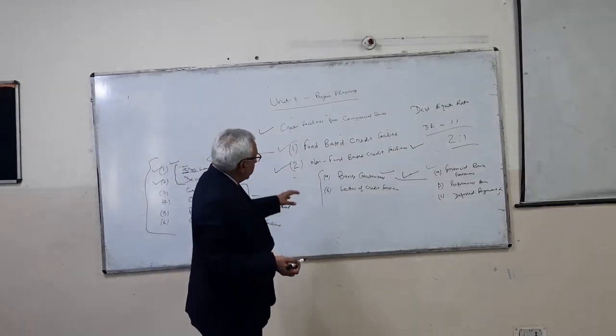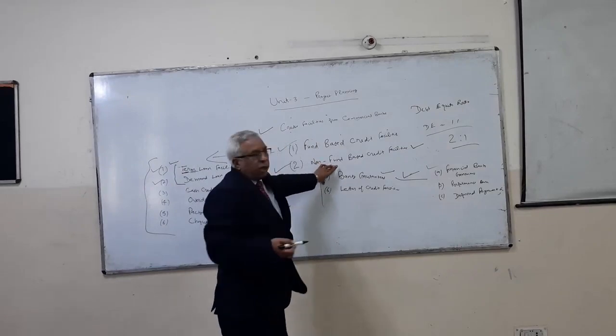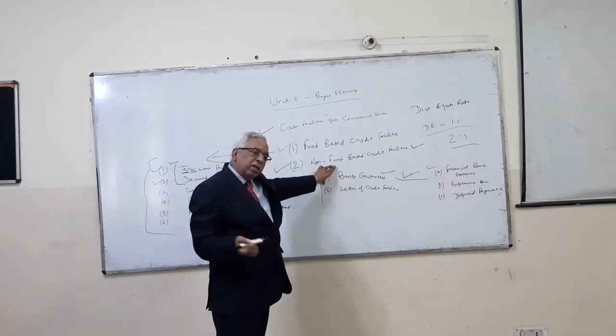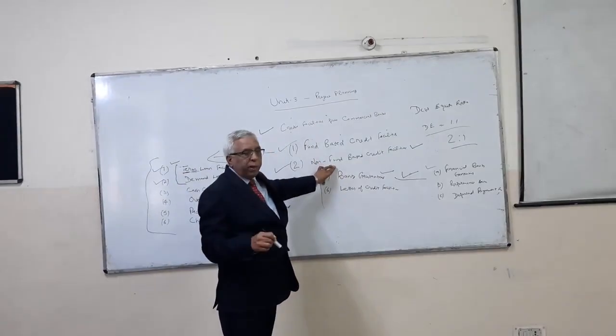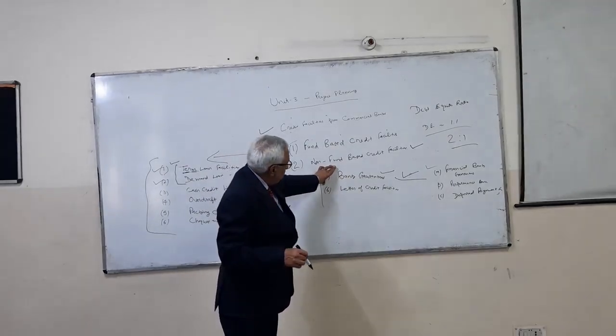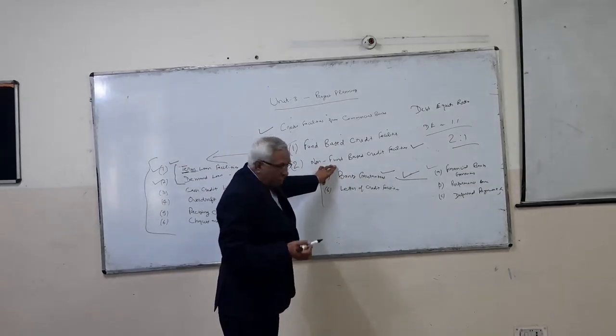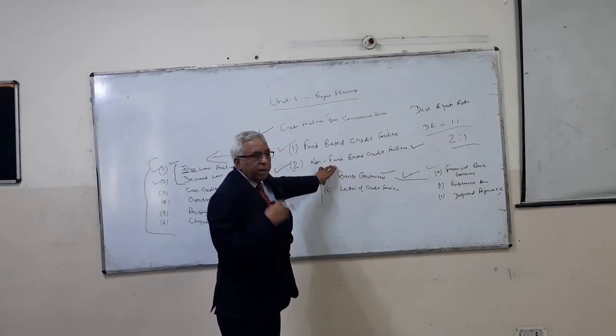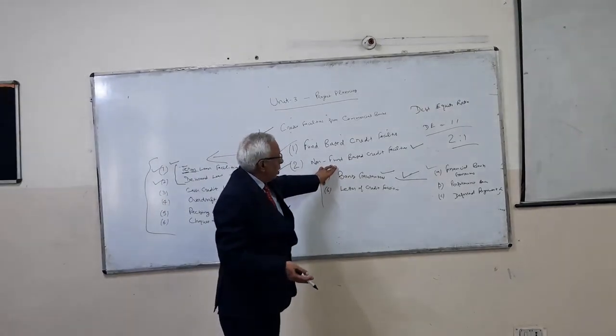Here, funds are not immediately required, but in case you default and fail to pay, then the bankers will step into your shoes and pay the amount to the government department.